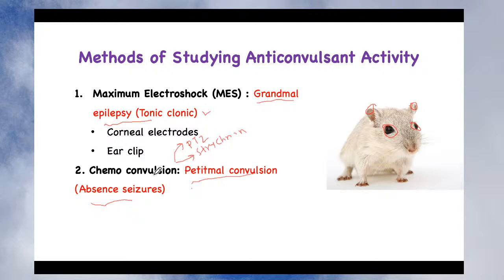If the drug is only effective against maximum electroshock and not against chemoconvulsion, it means that drug can be used only for the treatment of grand mal epilepsy. This is how you can evaluate different drugs for activity against different types of convulsion.